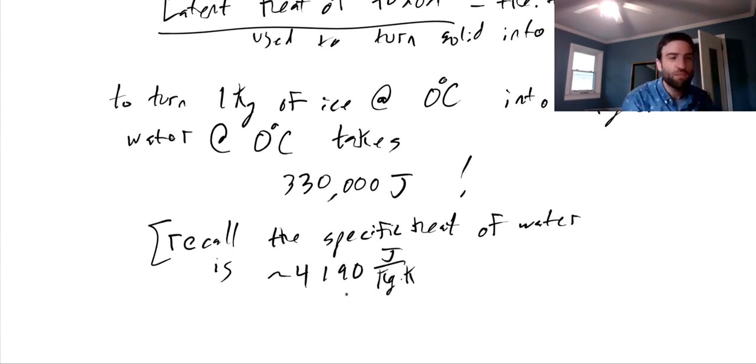It takes this many joules to heat 1 kilogram of water up by 1 degree Celsius, or by 1 degree Kelvin. So let's think about that. It takes the same amount of energy to turn a kilogram of ice at 0C to a kilogram of water at 0C as it does to take a kilogram of water at room temperature and raise the temperature by a little bit less than 80 degrees Celsius. So these kinds of latent heats involved in phase transitions can actually be quite large.